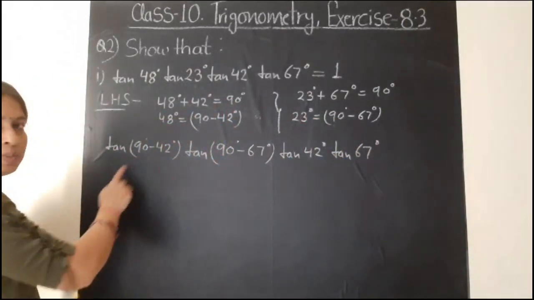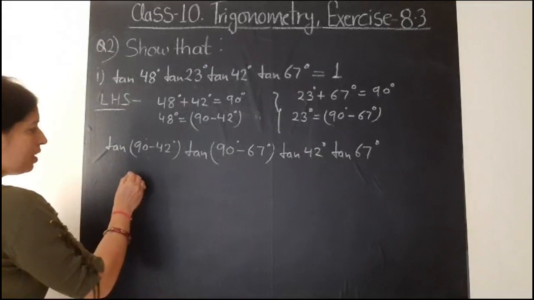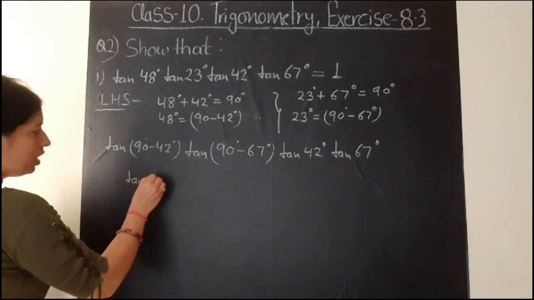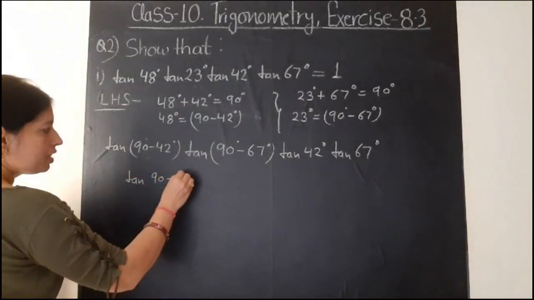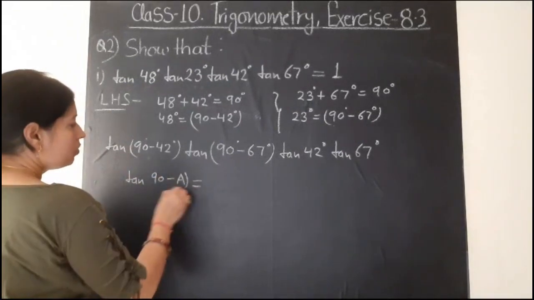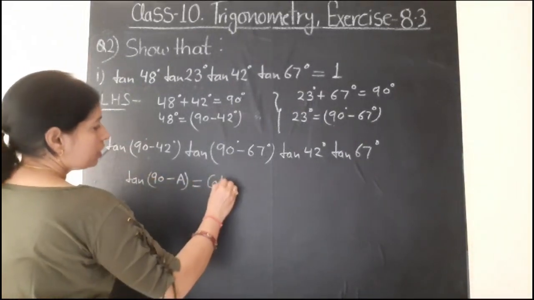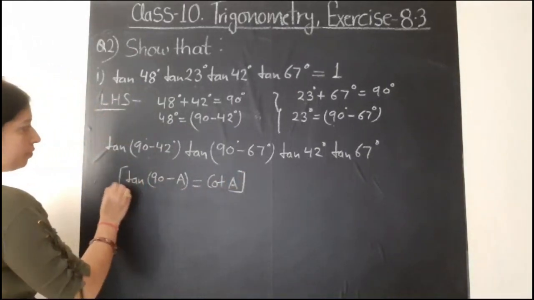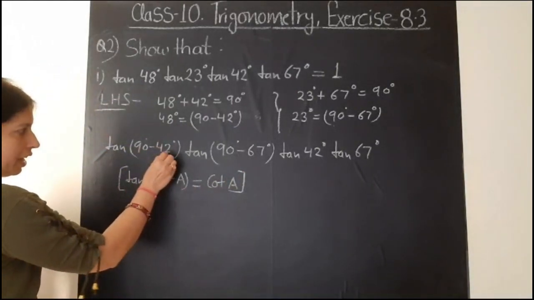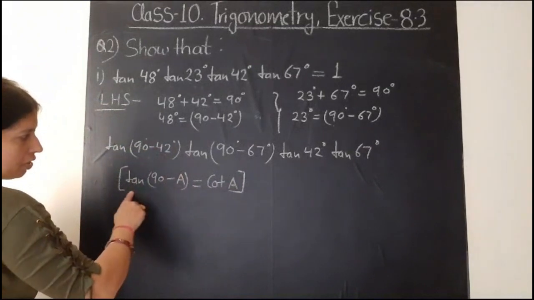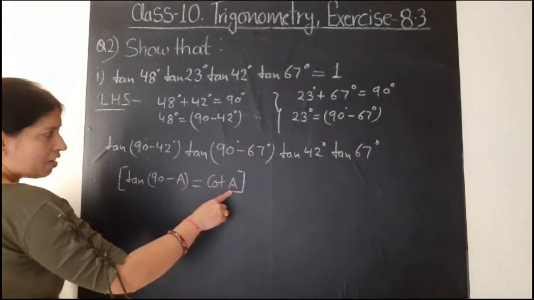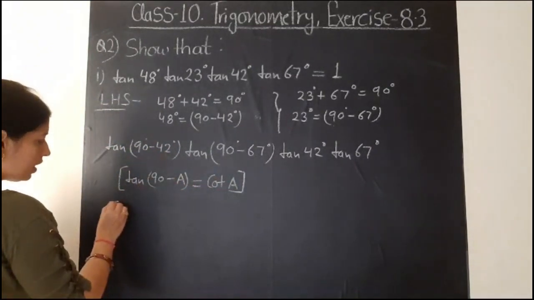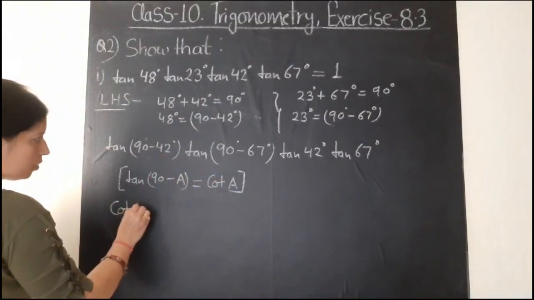Then tan 90 minus A. What is formula for tan 90 minus A? So write here first formula. Tan 90 minus A is equal to cot A. So use this formula. In place of A, here it is 42. So you can write here cot 42 degree.